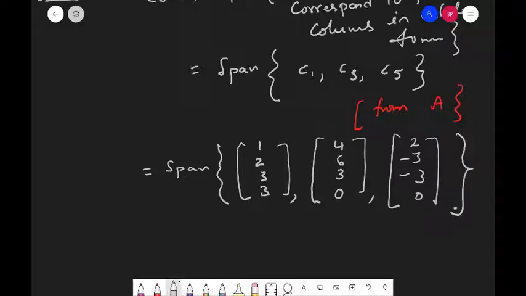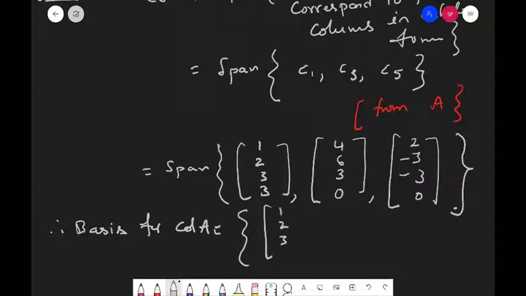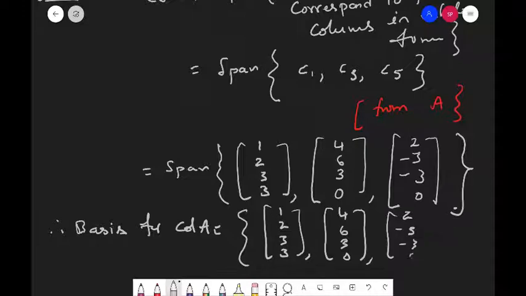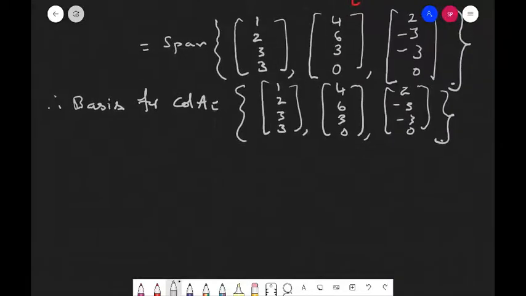Therefore basis for column A is equal to set containing these vectors 1 2 3 3 and 4 6 3 0 and 2 minus 3 minus 3 0, and hence dimension for column A is equal to 3.